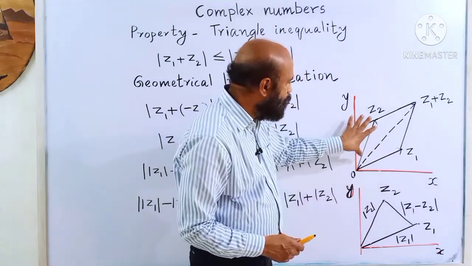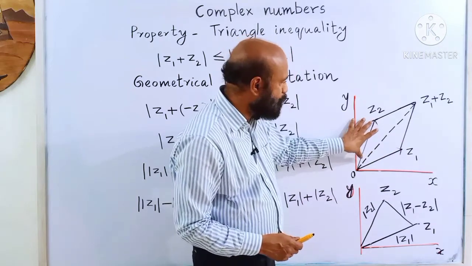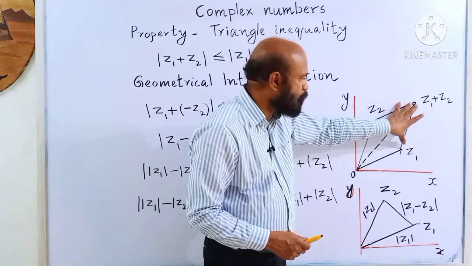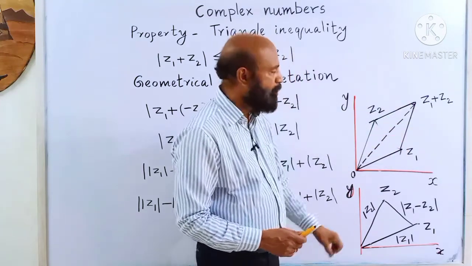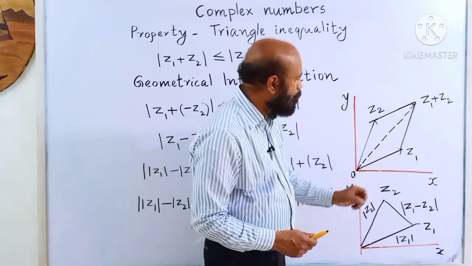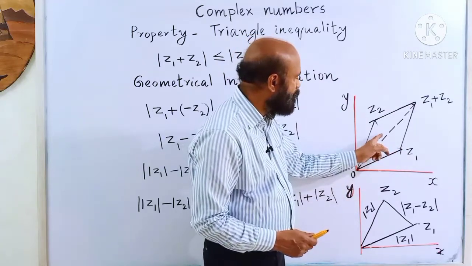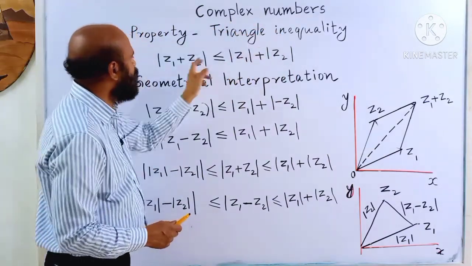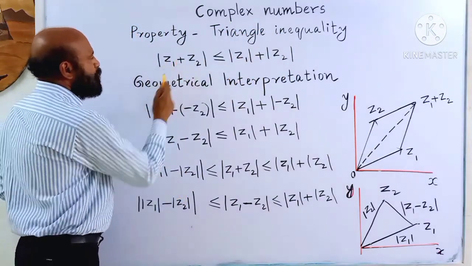This is Z2, so this length is the modulus of Z2. So this is also the modulus of Z2. This is modulus of Z1. Sum of these two will be greater than this. So that's why modulus of Z1 plus modulus of Z2 is greater than the modulus of Z1 plus Z2.